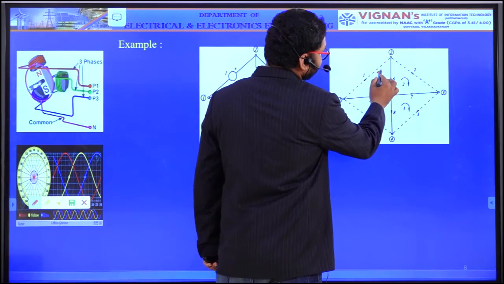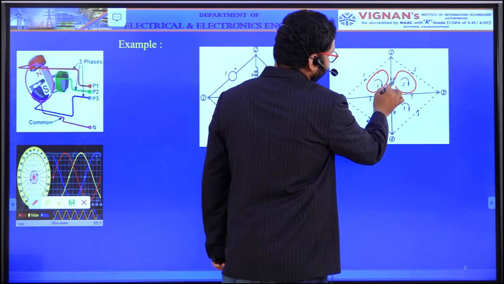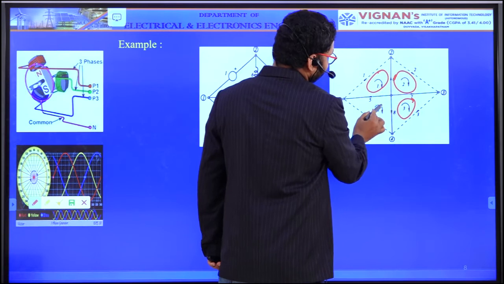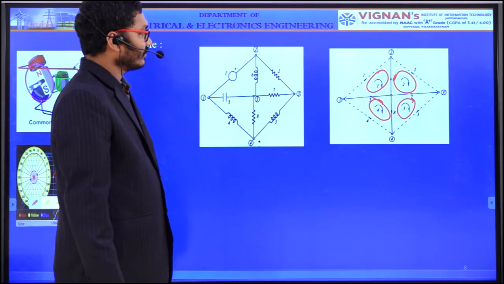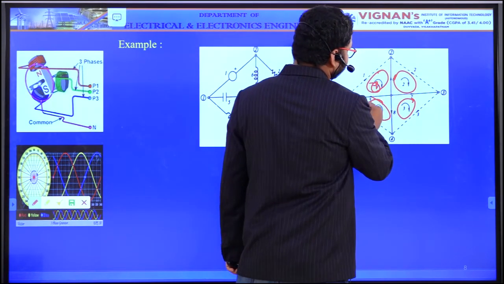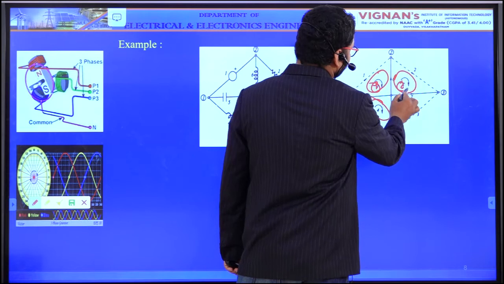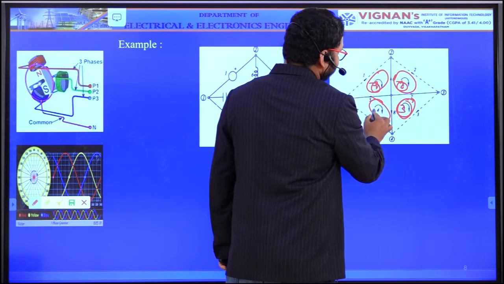This is one basic tie set, this is another, and this is another. Four basic tie sets are there: basic tie set 1, tie set 2, tie set 3, and tie set 4.